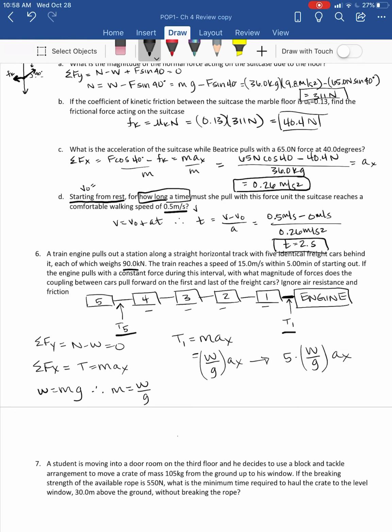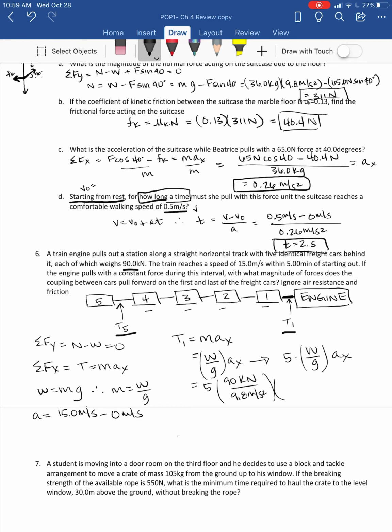Okay, so we've got 5 times 90 kilonewtons divided by 9.8 meters per second squared, times our acceleration, and we don't have that. So how can we find that? Well, it gives us that the train reaches 15 meters per second, so it's like the final velocity.